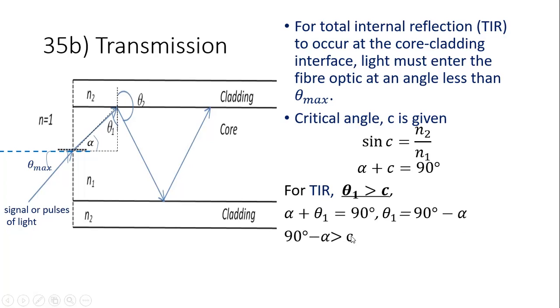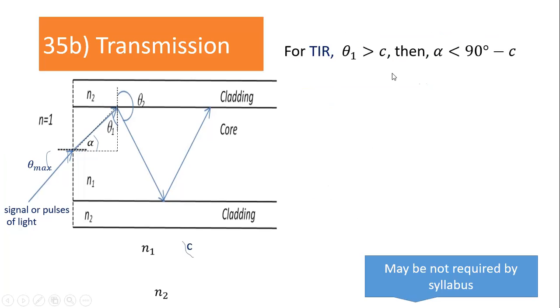So 90 minus alpha must be greater than C. Take this across, and alpha must be less than 90 degrees minus C. So theta 1 must be greater than your critical angle, and alpha must be less than 90 minus C.